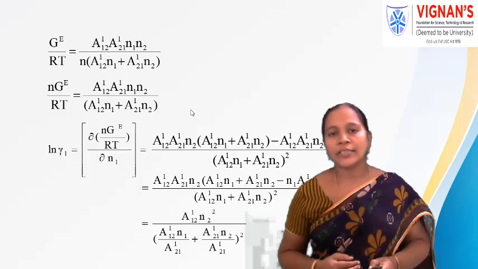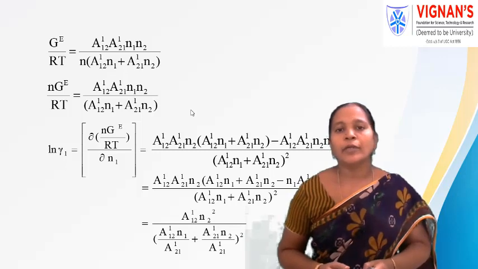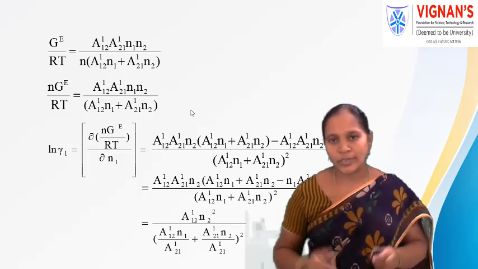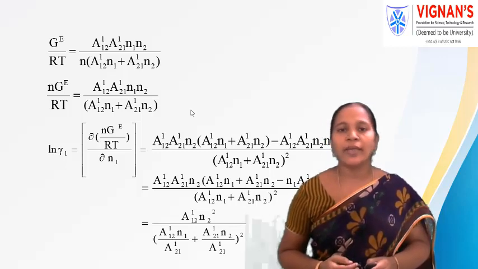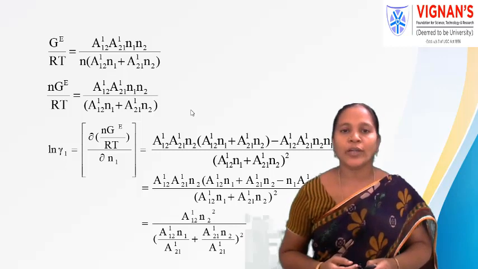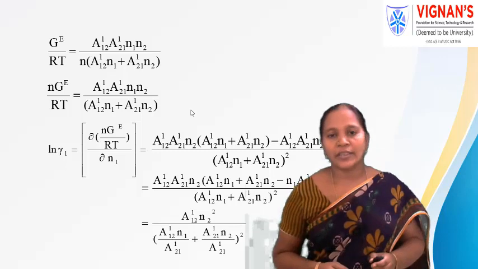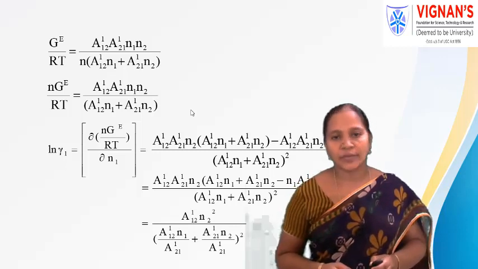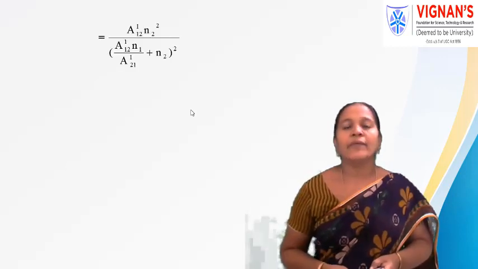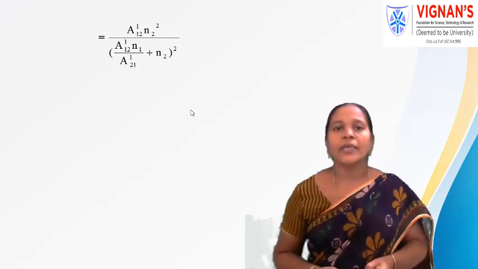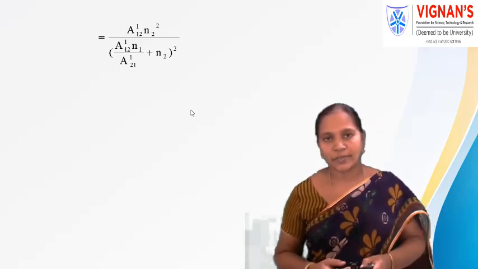Therefore, A12 dash A21 dash into A21 dash, that is A12 dash (A21 dash) whole square n2 whole square, the remaining term. Then divide with A21 dash whole square. After dividing, the resulting equation is A12 dash n2 square divided by (A12 dash n1 by A21 dash plus n2) whole square.